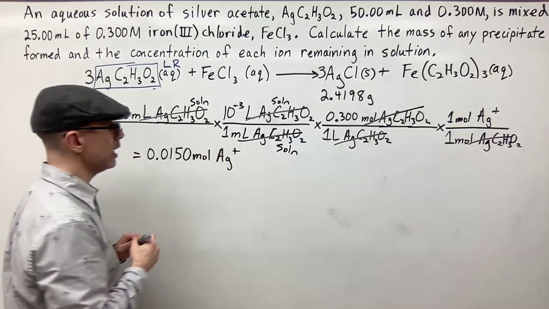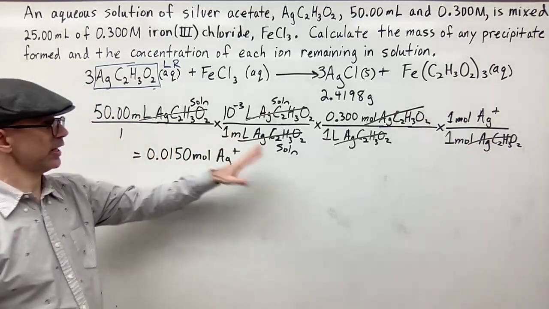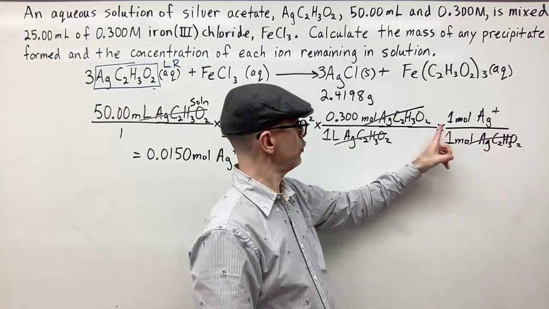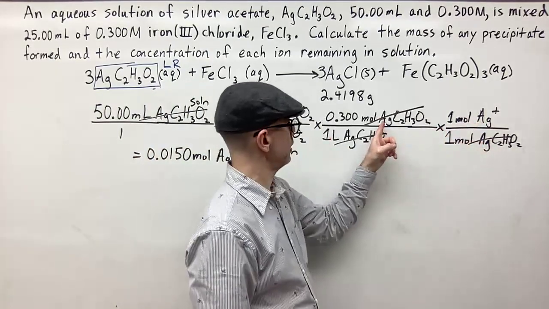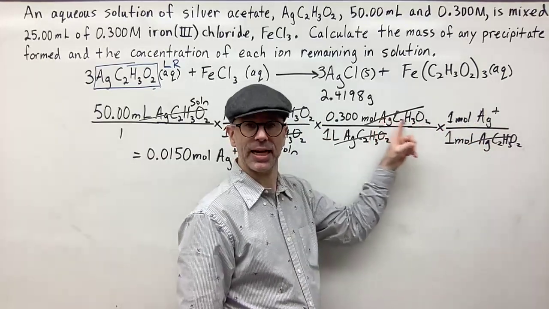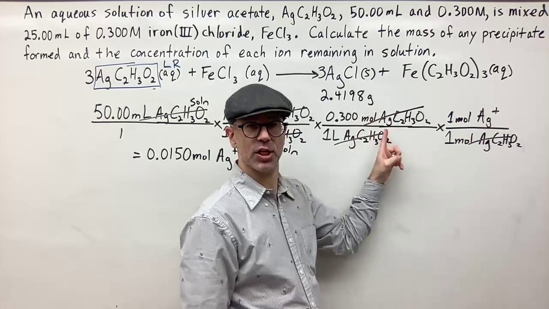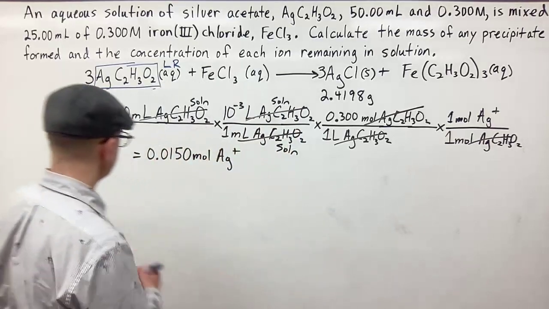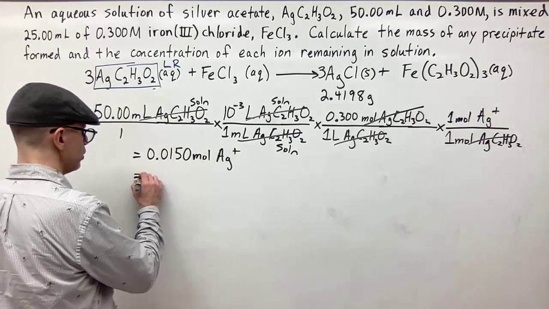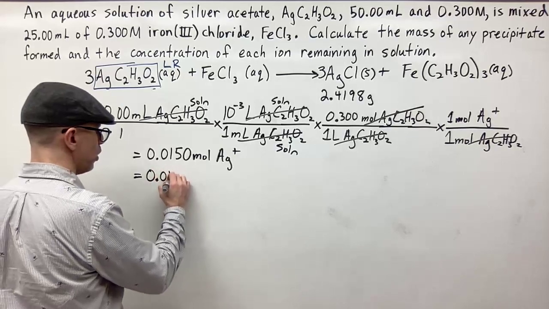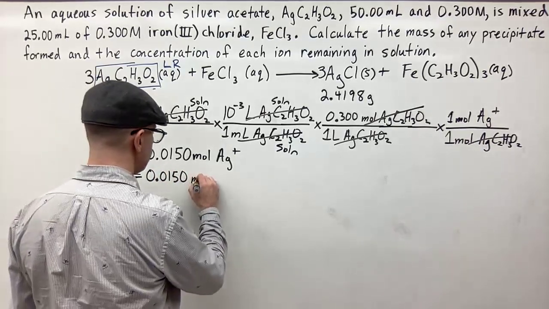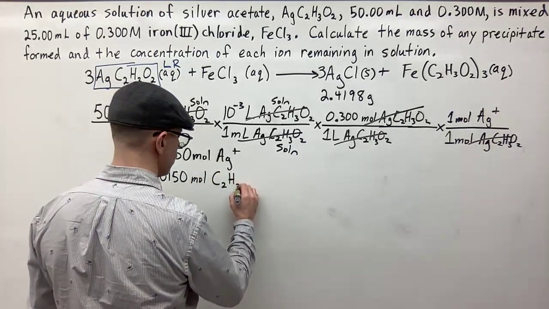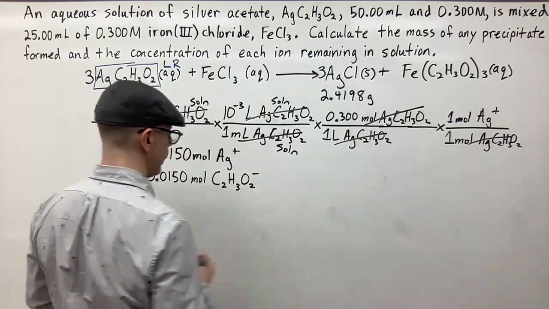Now, you could do the calculation again and get the acetate ion, but the mole ratio between silver and acetate ion is 1-to-1. So whatever the moles of silver you have, that's going to be the moles of the acetate ion. So this is also going to be equal to 0.0150 moles of the acetate ion, C2H3O2 minus.